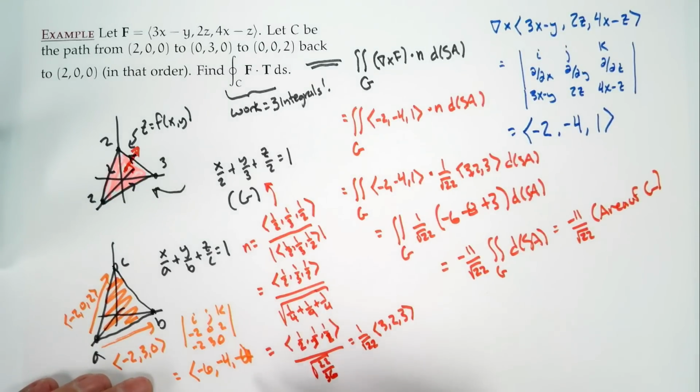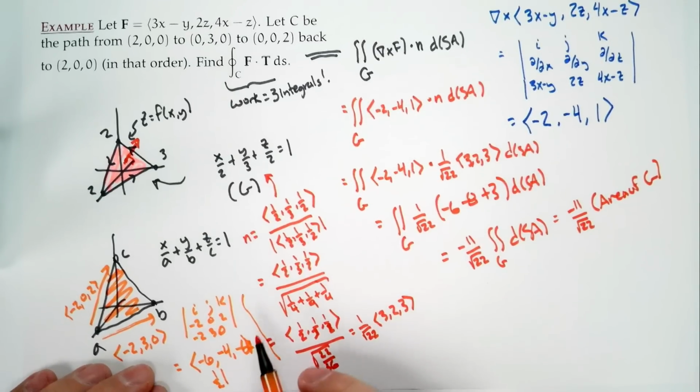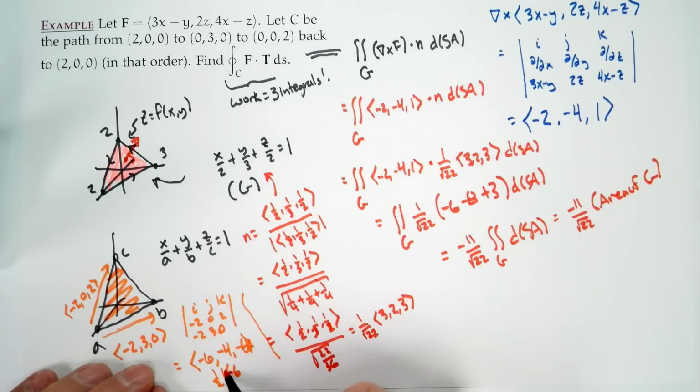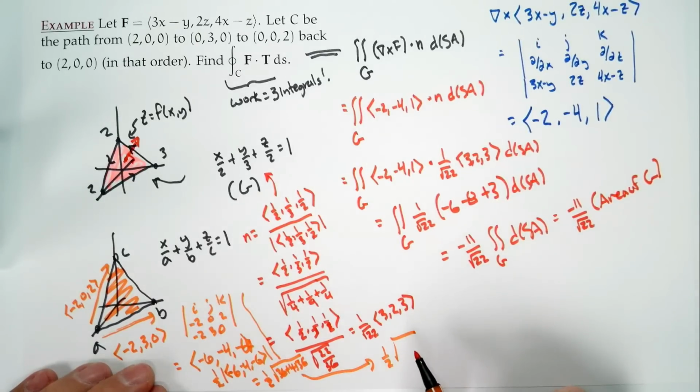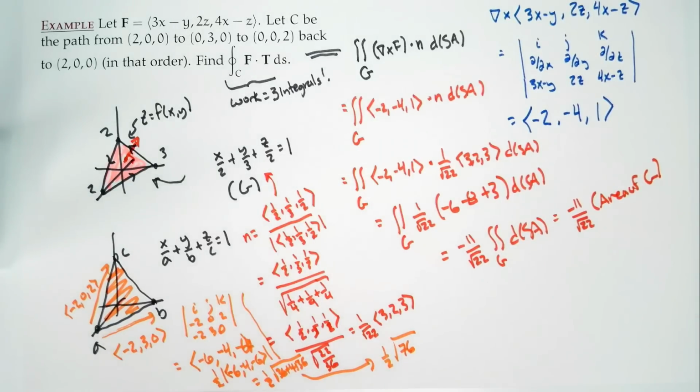So magnitude of this would be 1/2 magnitude of -6, -4, -6, oh, we're running out of space. 1/2 times the square root of 36 plus 4 plus 36, which is 1/2 square root of 36 plus 36 is 72, plus 4 more, 76. All right. So that's the area of A.